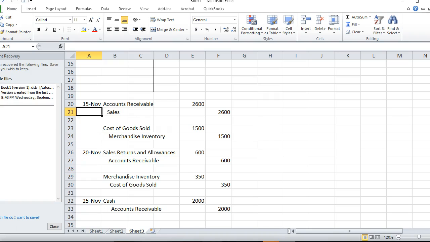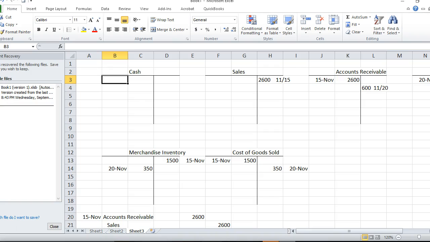So we go up here and we show cash $2,000 on November 25th, and our accounts receivable gets credited $2,000. We don't do anything with inventory because all that happened is we got paid. Any questions on that? It's kind of making sense?